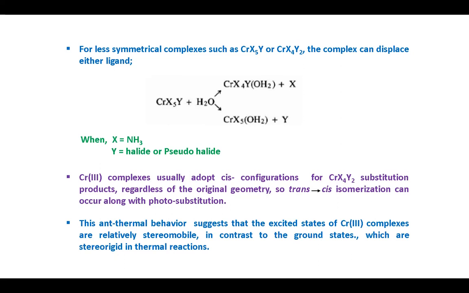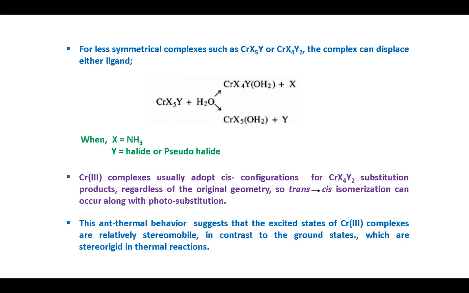This is the opposite of the thermal reaction, which displaces only the Y- ion, where it is possible to define cis and trans isomers for the products of chromium 3.